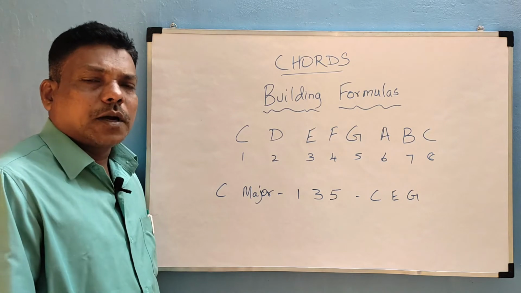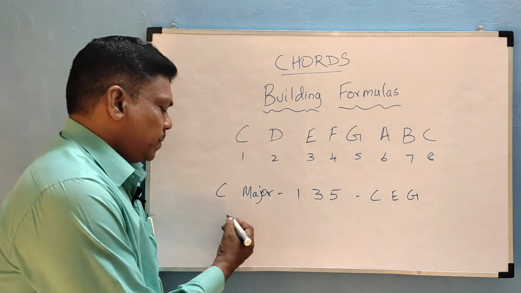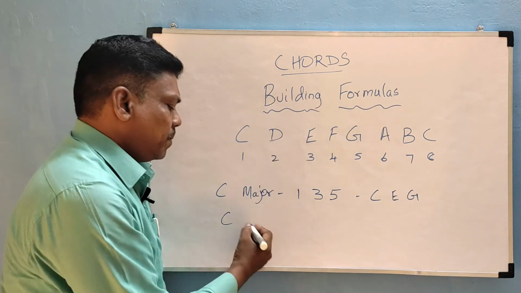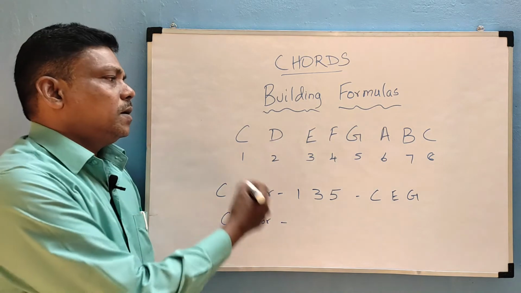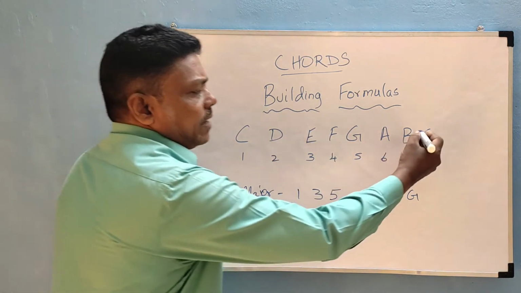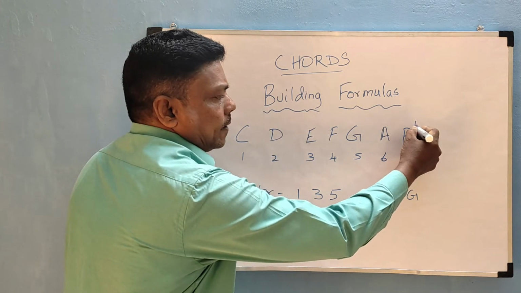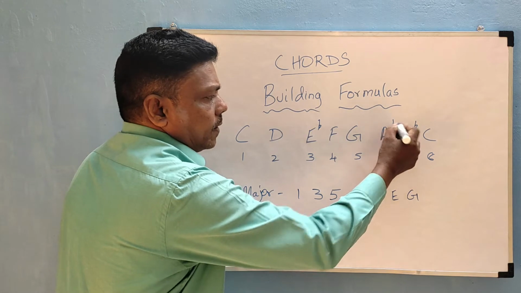So now for creating a minor chord, usually people go to the C minor scale, where C minor has three flats: B flat, E flat and A flat.